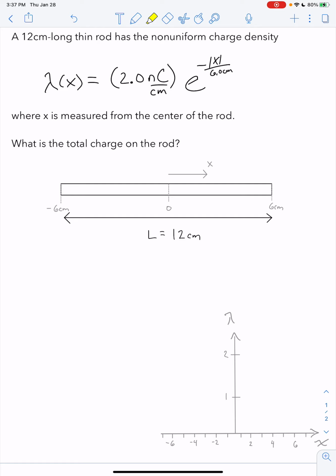Okay, so it's an absolute value of x over 6. So what does that mean? Well, that means that there's going to be an interesting symmetry on both sides. So on the side of positive x and the negative x direction. In fact, they're going to look like mirror images of one another.